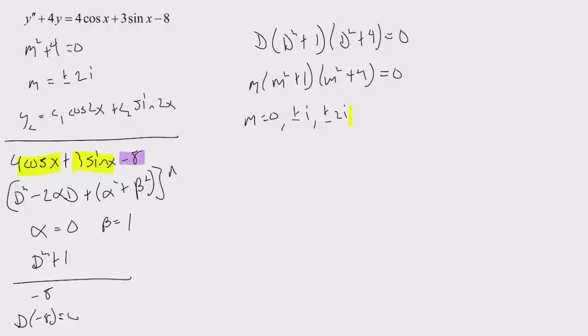Okay, now we already took care of the plus or minus 2i with our complementary, so that means our particular solution, from the 0, that's going to give us a constant, and then from the plus or minus i's, that means we've got some form of C1 cosine x plus C2 sine x plus C3 would be our particular, and I'm just going to make it easier for myself to call those A's, B's, and C's.